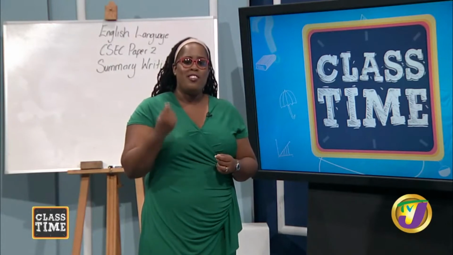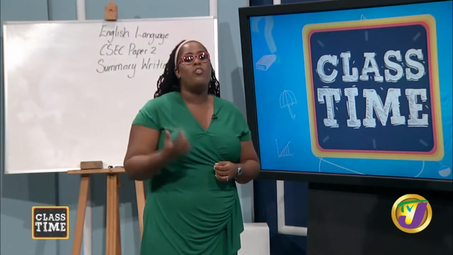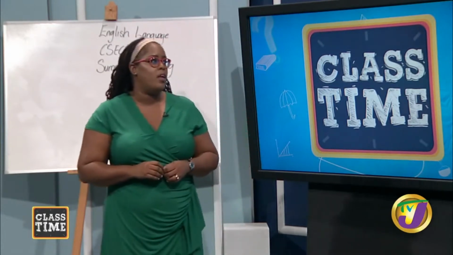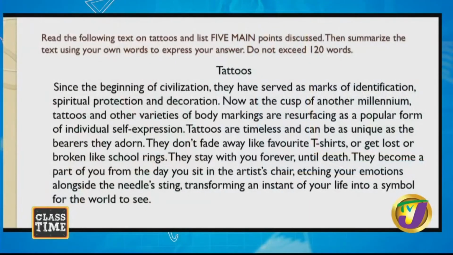All right, so we need to ensure that we read the instructions carefully. Remember, read your instructions carefully. Read the following text on tattoos and list 5 main points discussed. Then summarize the text using your own words to express your answer. Do not exceed 120 words. Now, what do you notice about this one this time around?